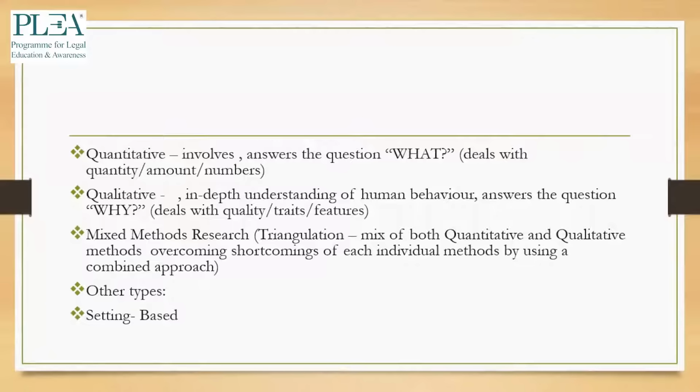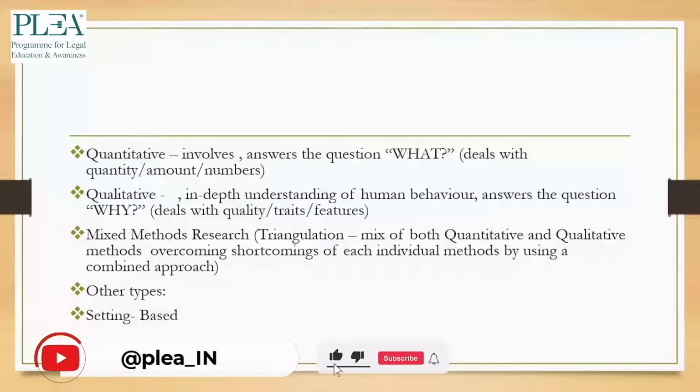We are also talking about the particular human behavior, its impact on the society, how to control it or prevent that particular crime. Okay, so it also answers the question why, what and why. So quantitative would be what, qualitative deals with quality, traits, features, so why.